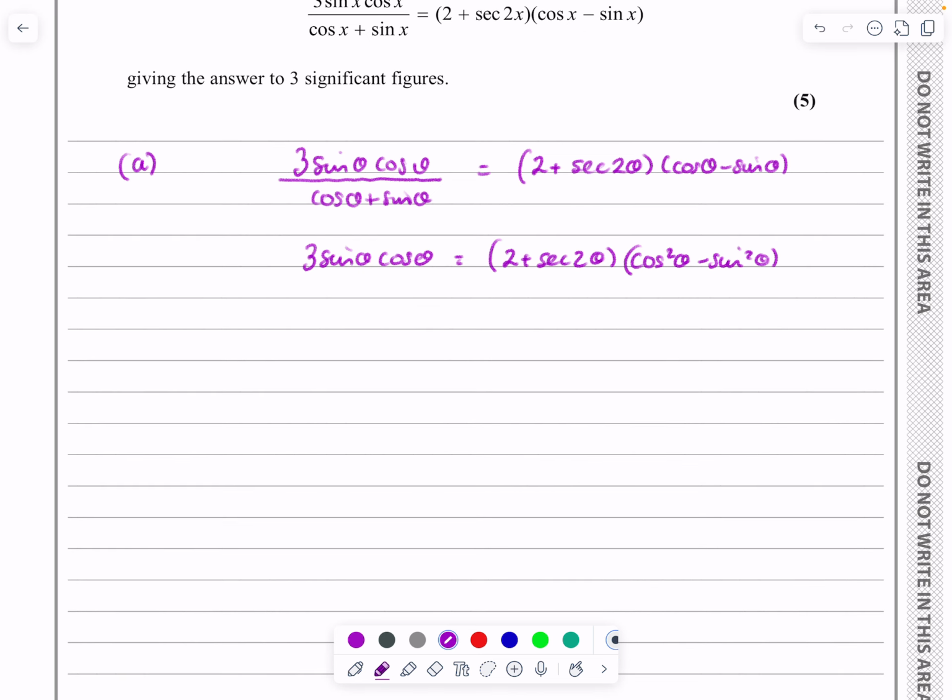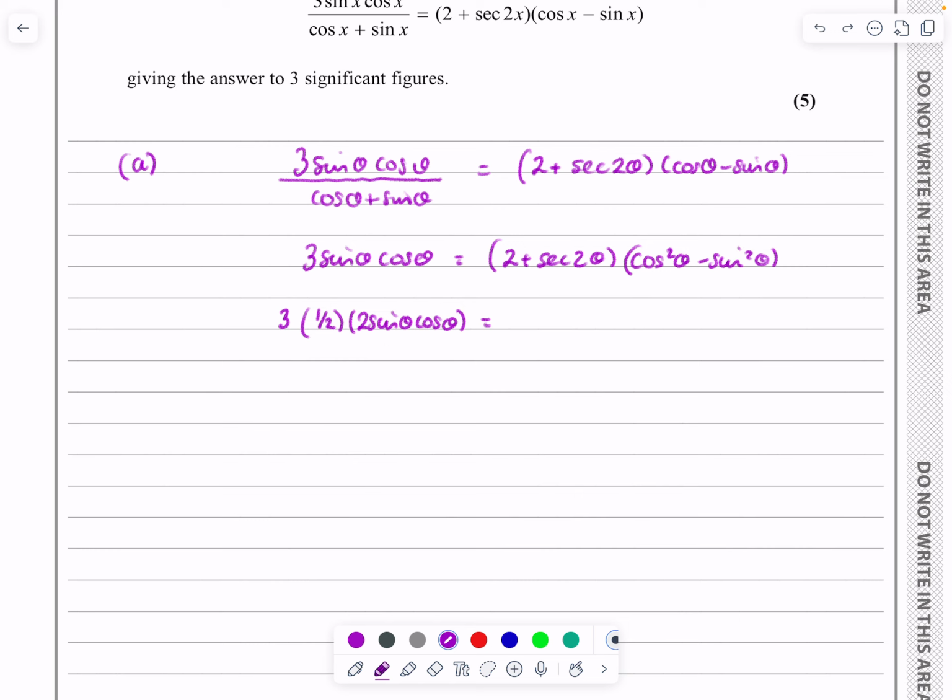Now I'm going to look at both the double angle formula at the same time. This sine theta cos theta, I'm going to say that's half of 2 sine theta cos theta. So here the half and the 2 would cancel each other out, but the reason I've put them on is because with my next line I'll actually say, well, that's sine 2 theta.